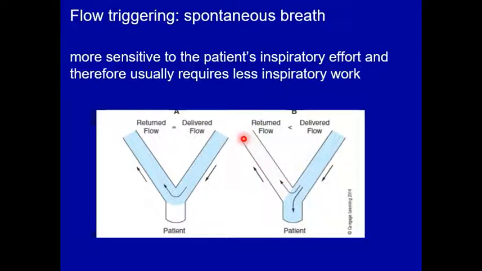This decrease in flow to the expiratory flow sensor is detected by the ventilator and sensed as an inspiratory effort, and hence the inspiratory valve opens and there is a flow of gas to the patient. Support is given to the patient.